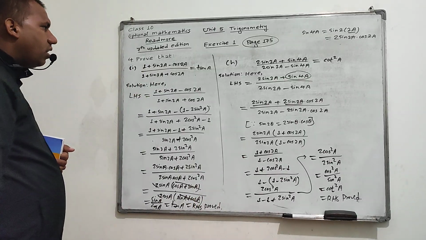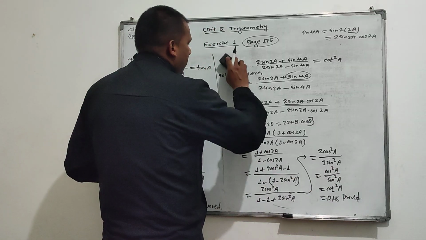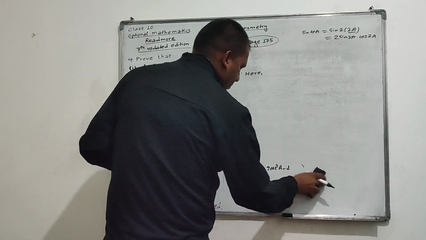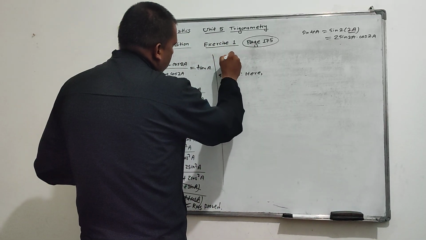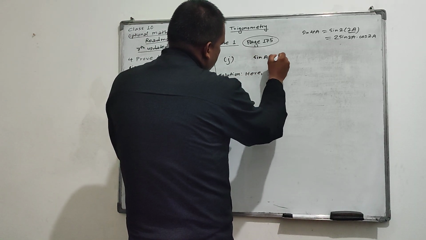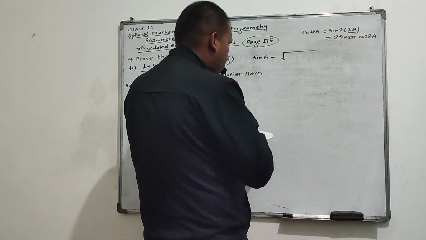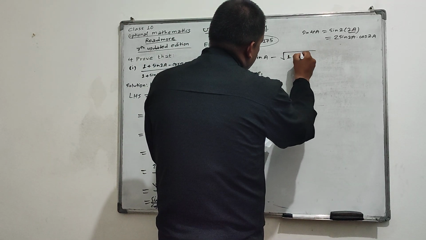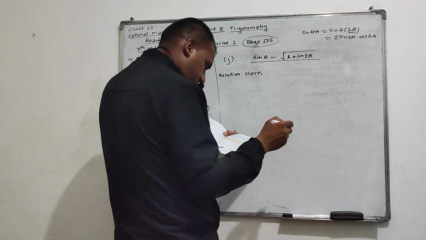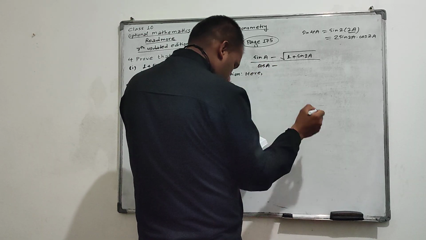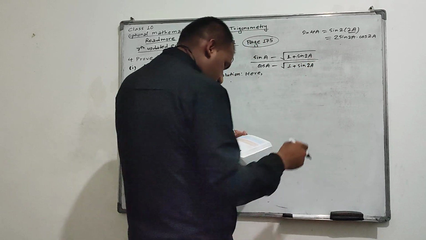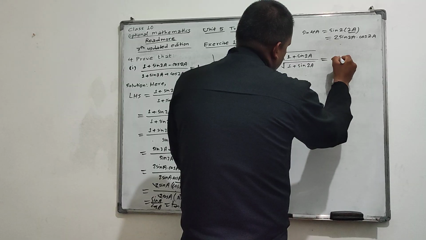Now J. On J we have sine a minus root over 1 plus sine 2a whole upon cos a minus root over 1 plus sine 2a, this equal to cot a.